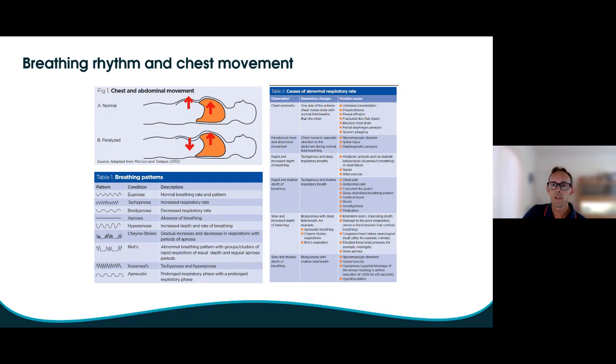And changes in rhythm and chest movement are made through feedback mechanisms to the central respiratory control centers of the brain. There's a range of receptors that provide information that is interpreted in the higher respiratory centers, and they modulate the respiratory rate and the chest movements.